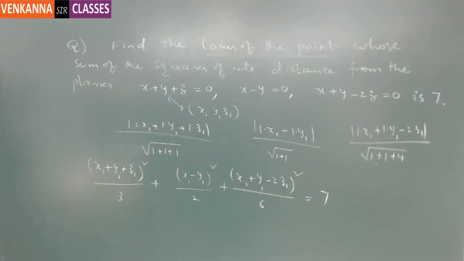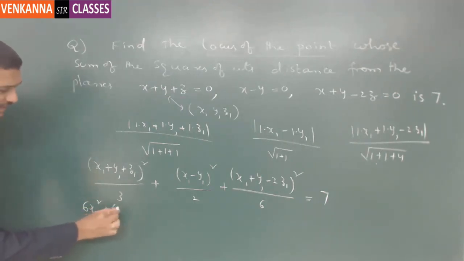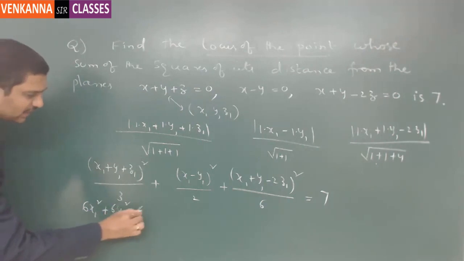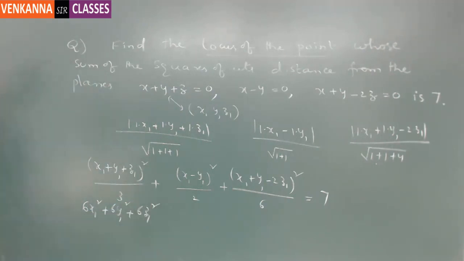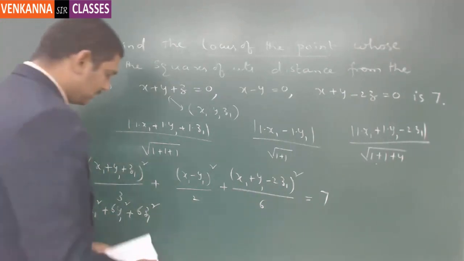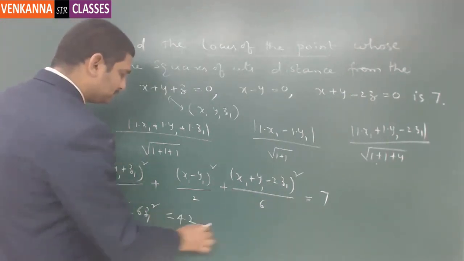So I want to write the final conclusion. You are going to get 6x1 square plus 6y1 square plus 6z1 square is equal to 42.